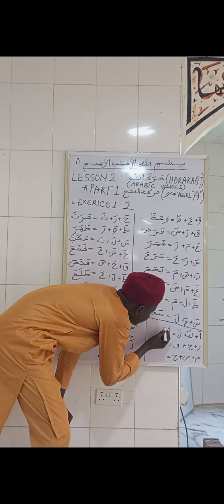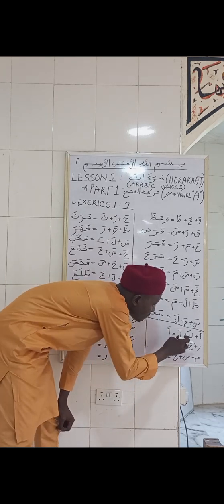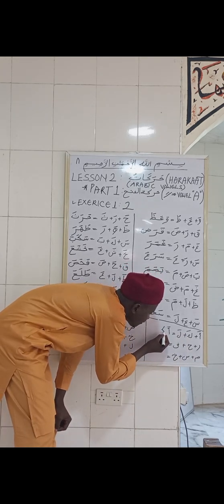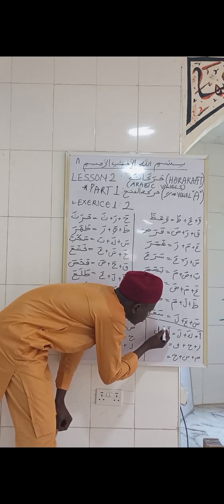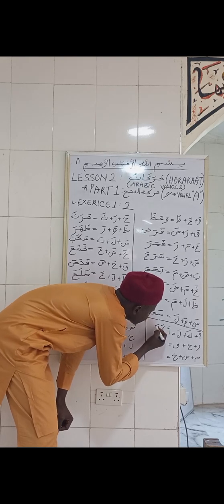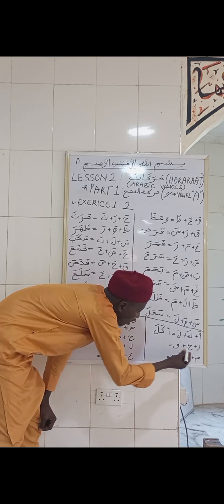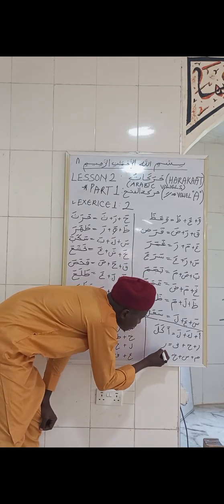So kaf, because you want to join with another letter, it will take that shape. So akala. So ra cannot be joined.